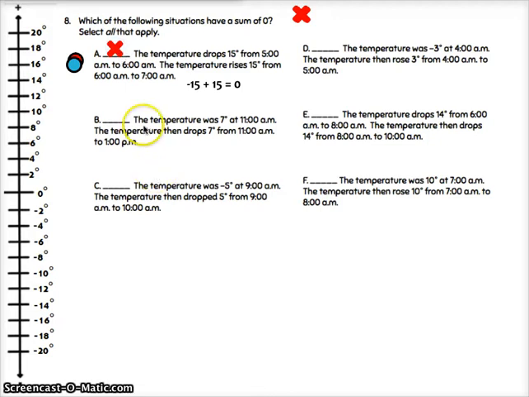All right, let's look at B. It says the temperature was 7 degrees at 11 a.m. So 7 degrees is right there in between. I'm going to make this a little smaller. There we go. So here's 7 degrees.